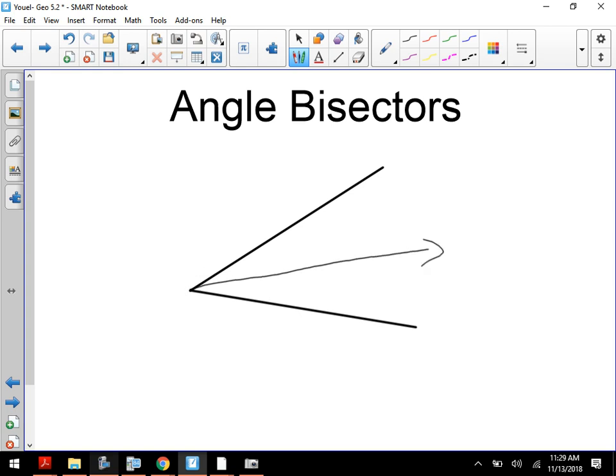So, if you have an angle bisector, we know that it cuts the angle into 2 congruent parts. Are we okay with that? All right. Now, let's do this. Pick any point on the angle bisector and just put a dot.